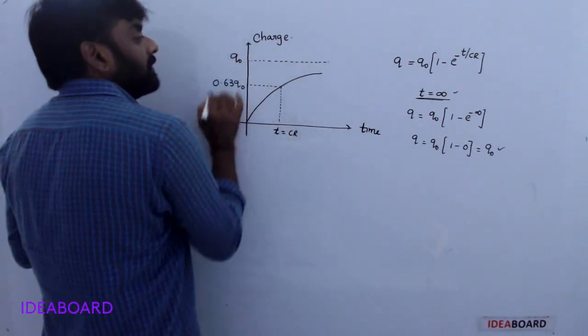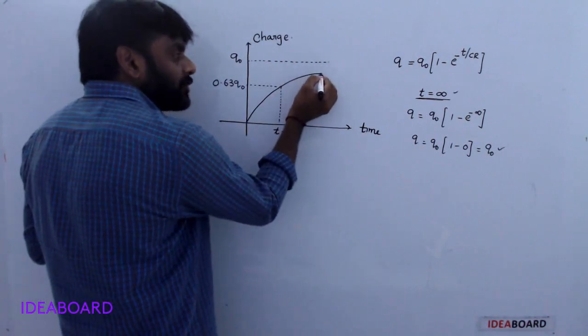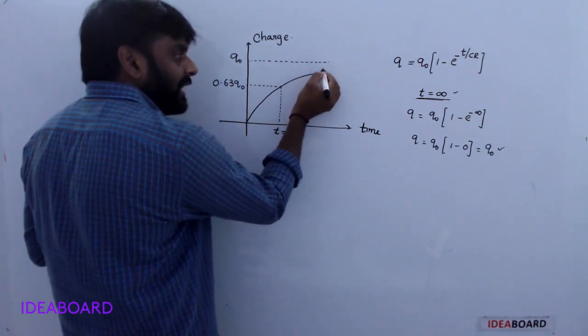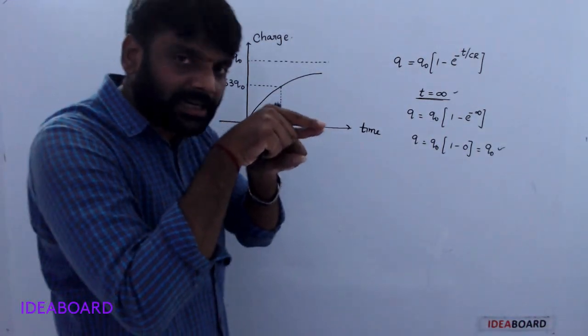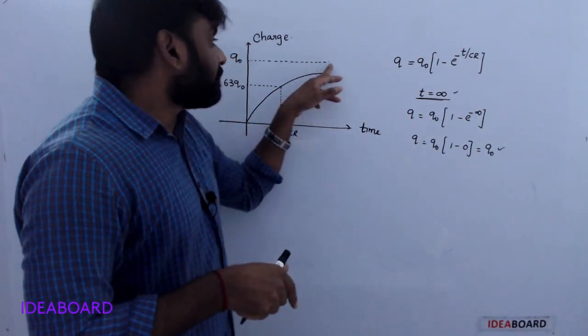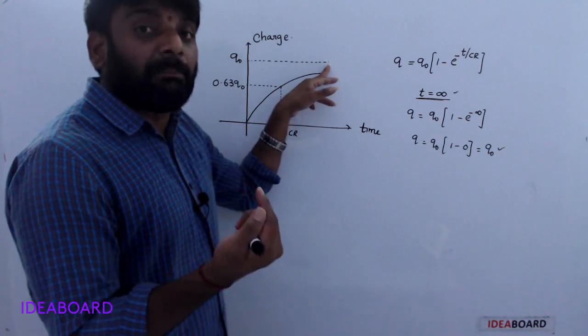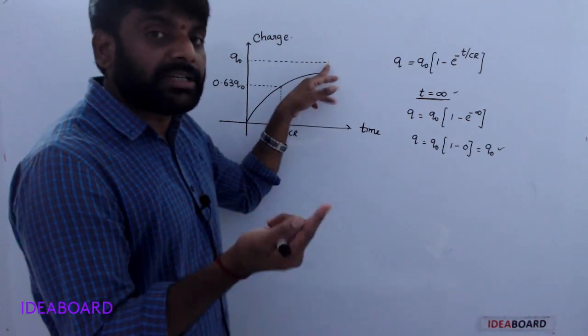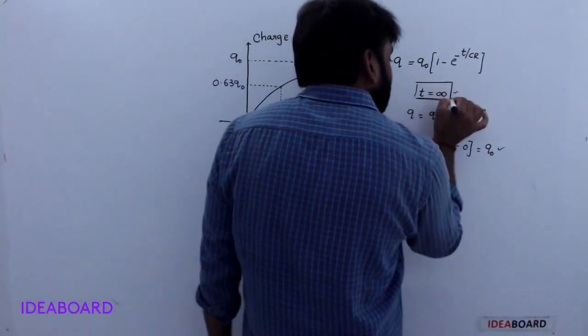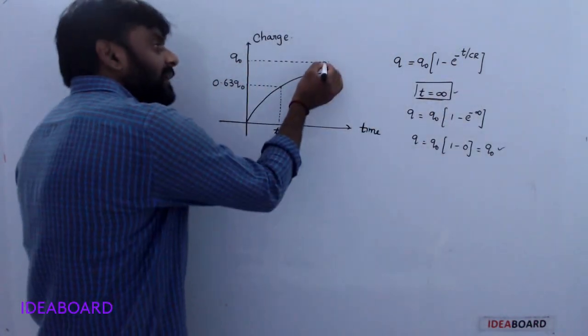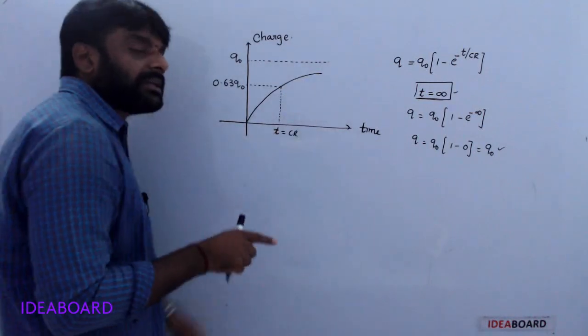Now, this line is Q naught. Don't touch these two, the solid line and the dotted line. If these two were touched, the capacitor would reach the maximum charge at a certain time, but at what time does it reach the maximum charge? Infinity. That's why these two lines are not touched.